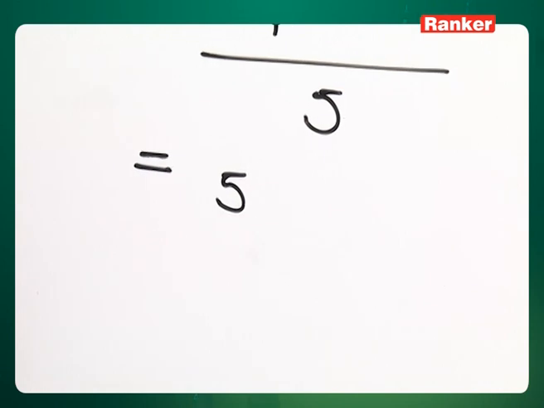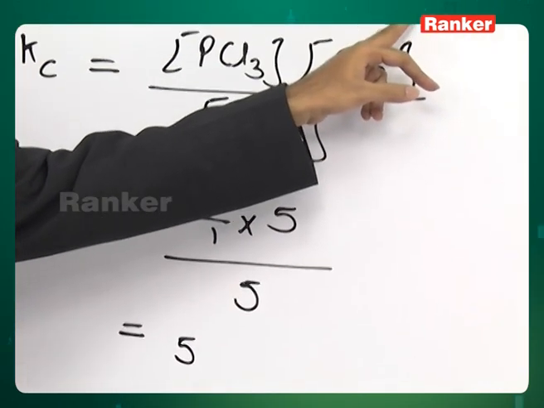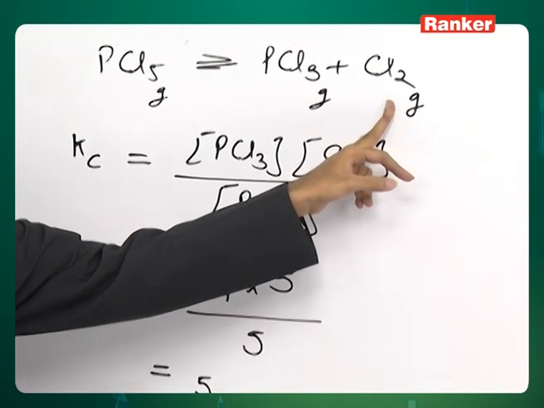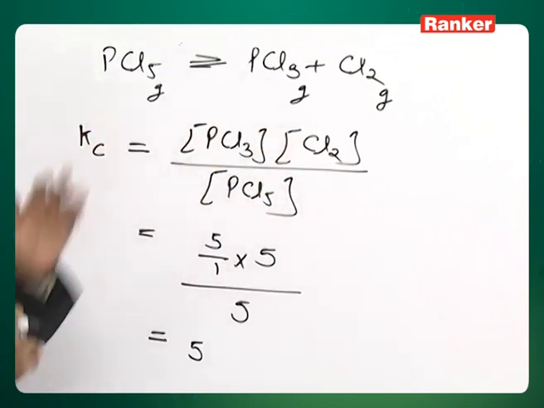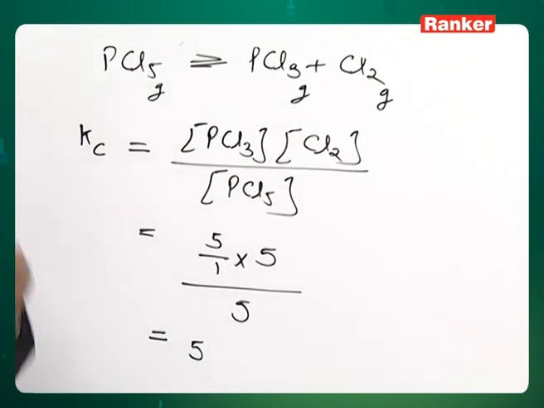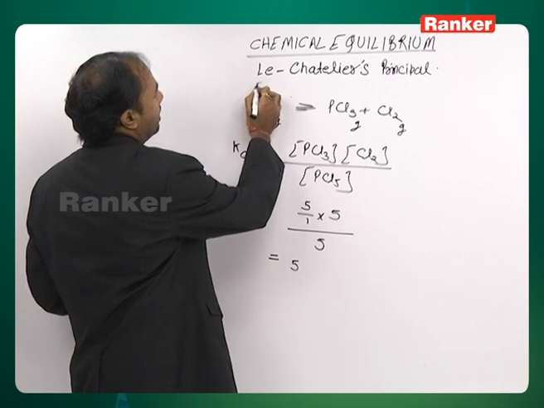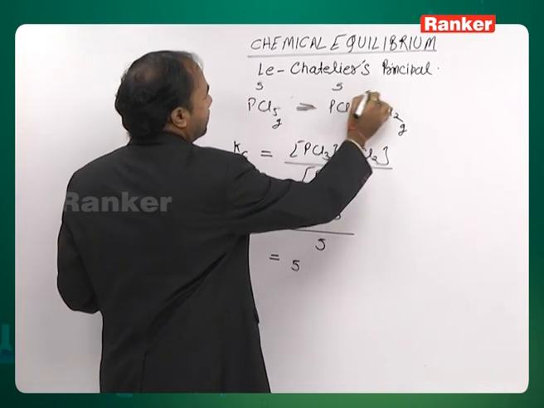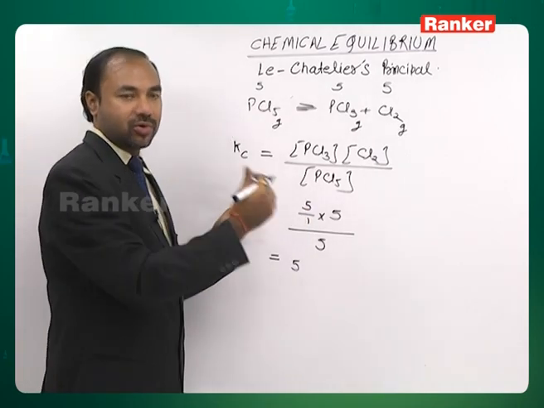Now, what he is saying is that 2 moles of chlorine are introduced into the container. Find the final number of moles of each species in the container. Means once again equilibrium is established, we have to find moles. See how it will be done. You have 5 moles of each in the beginning. Now 2 moles of chlorine were introduced.